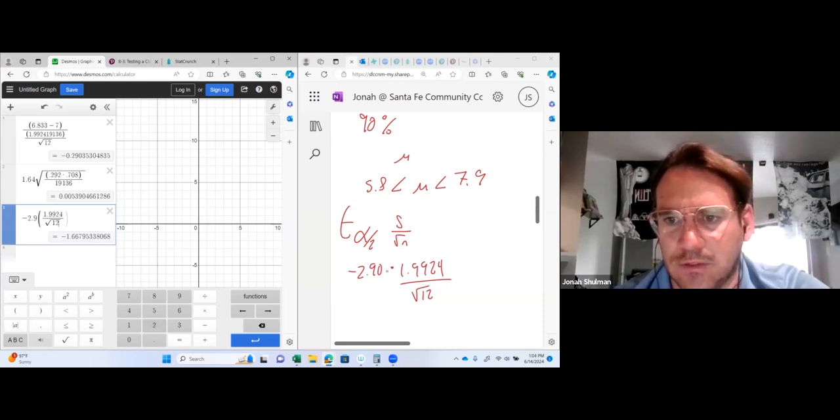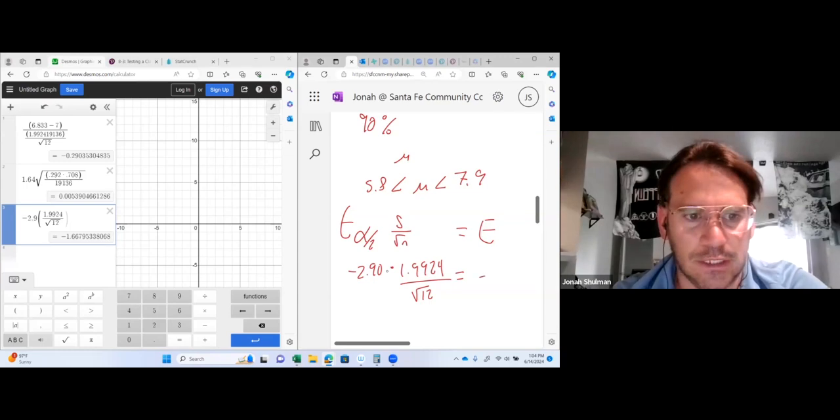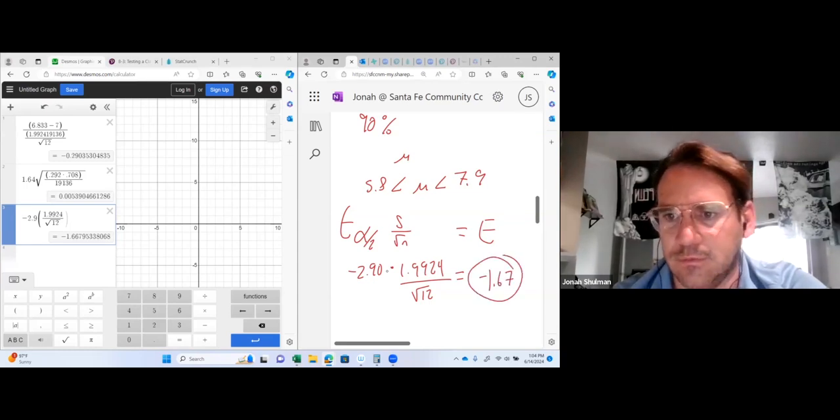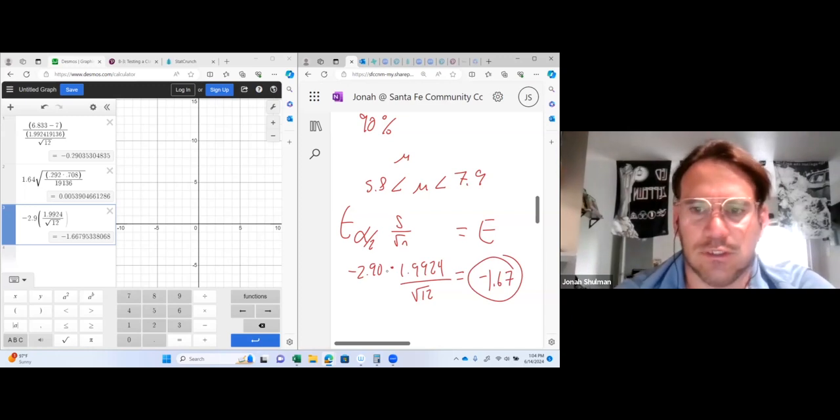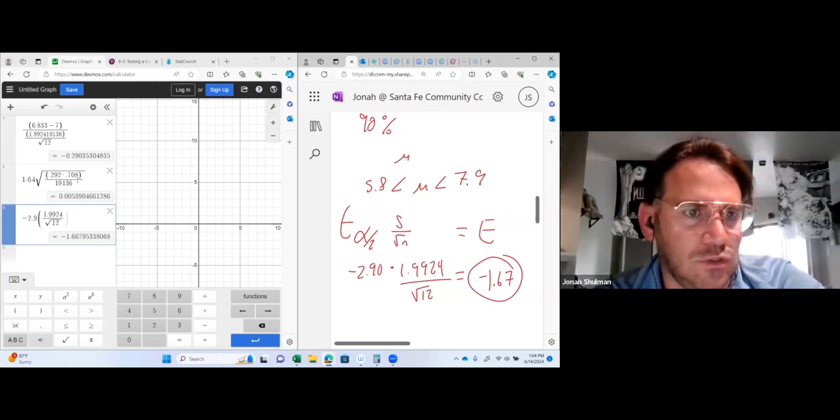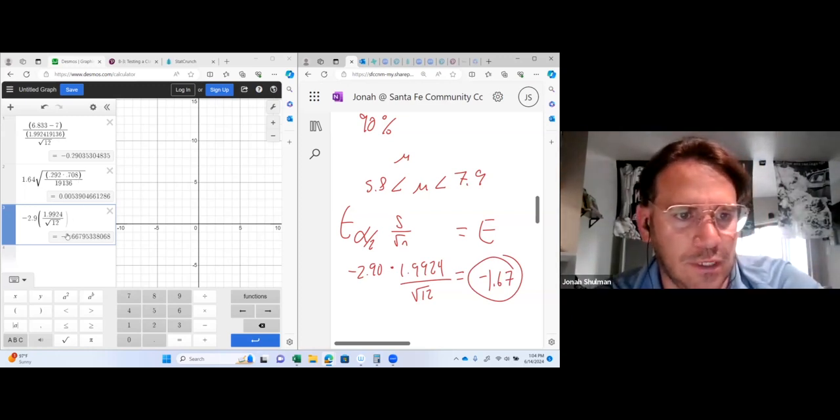This gives us our error for the confidence interval. So our error is negative 1.67, right? All we have to do is take that original average, which we know was 6.833.